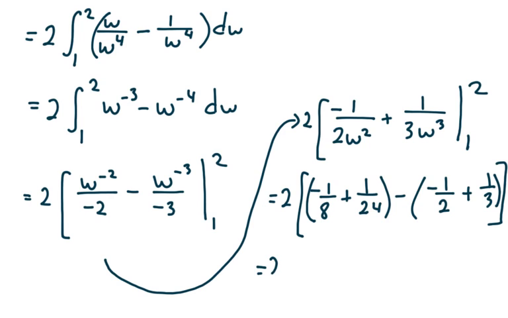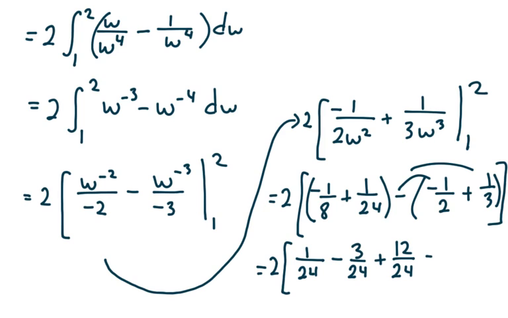Now, I'm going to write everything in terms of the LCD, which ends up being 24. So I get 1 over 24 minus, I'm going to rewrite 1 over 8 as 3 over 24. And then I'm going to distribute the negative in. So I'm going to write 12 over 24 minus 8 over 24. Like this. Now, 1 minus 3 is negative 2.